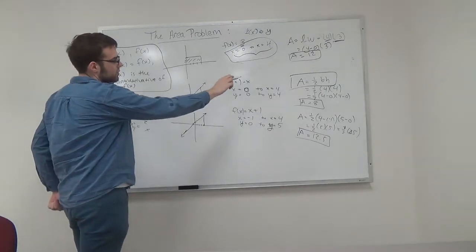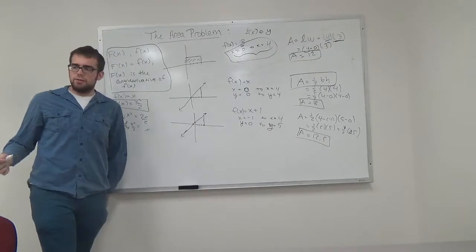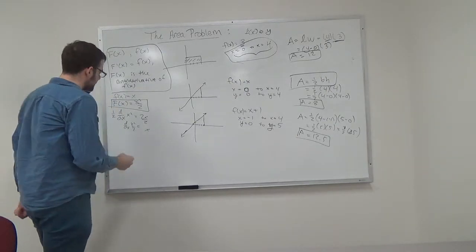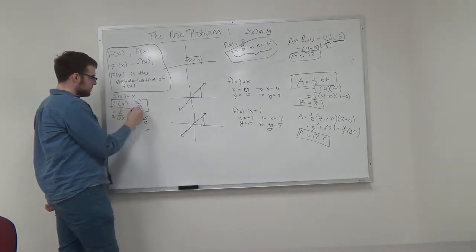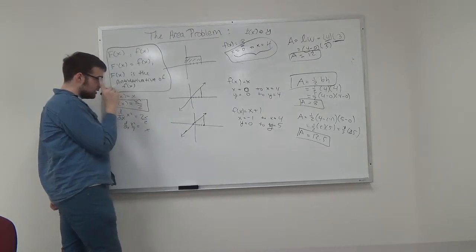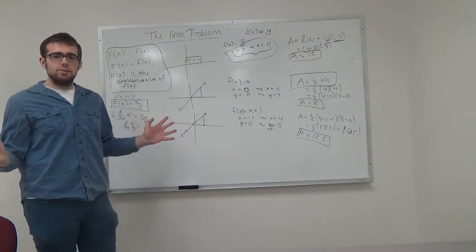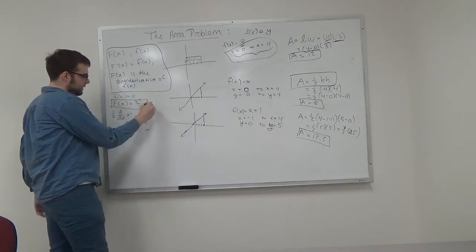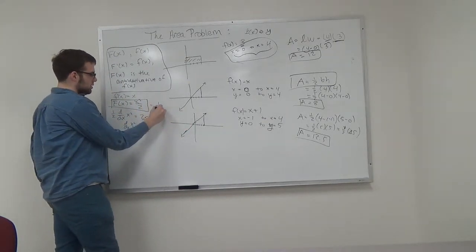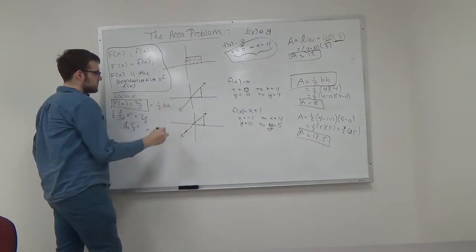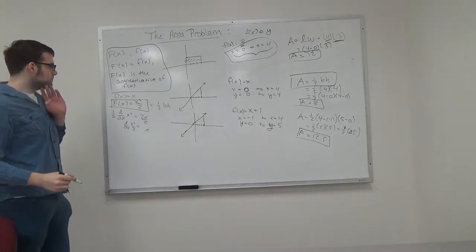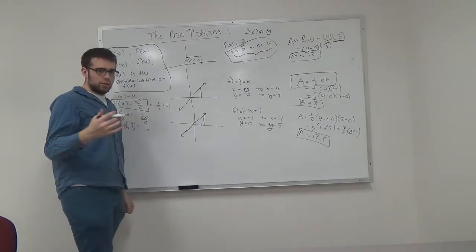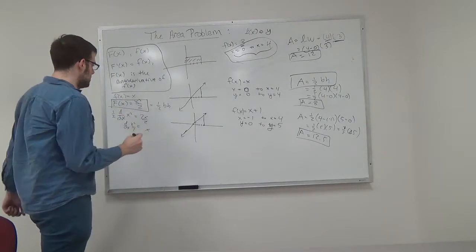The area is equal to 1/2 base times height. That's the definition of the area of a triangle. Let's just say, for our purposes right now, that these two are equal. We're going to later show that this is in fact true.